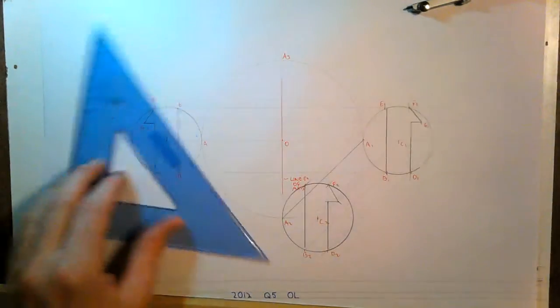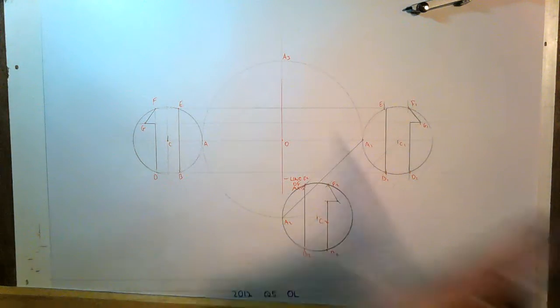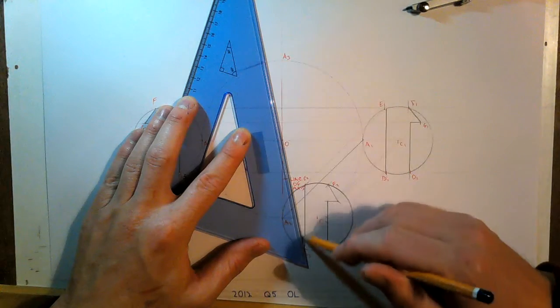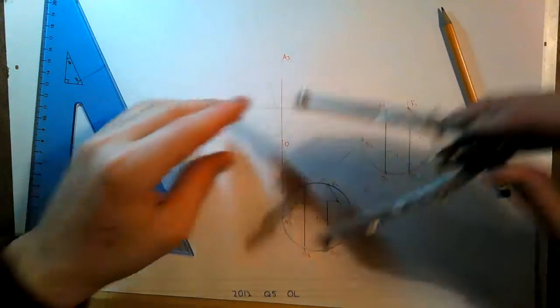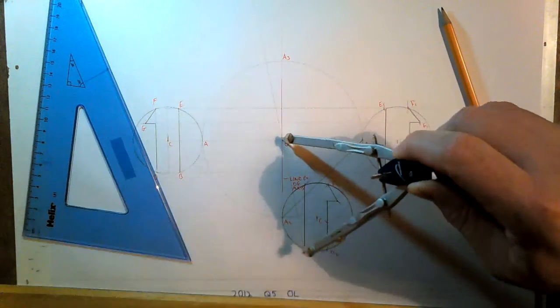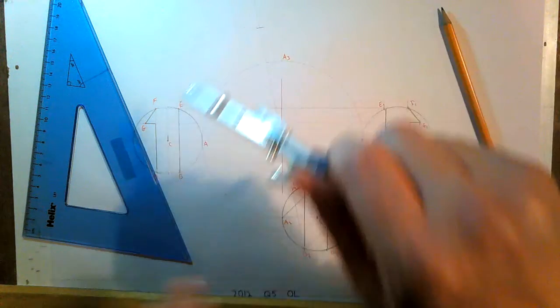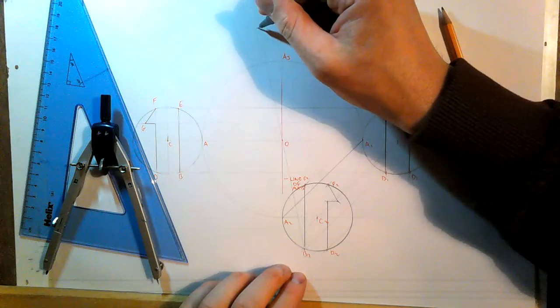So I want to do B. B2 goes to O. The compass goes on O, and it's B2, which is now B3.